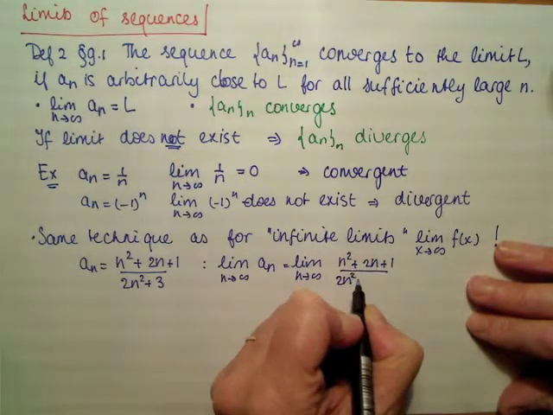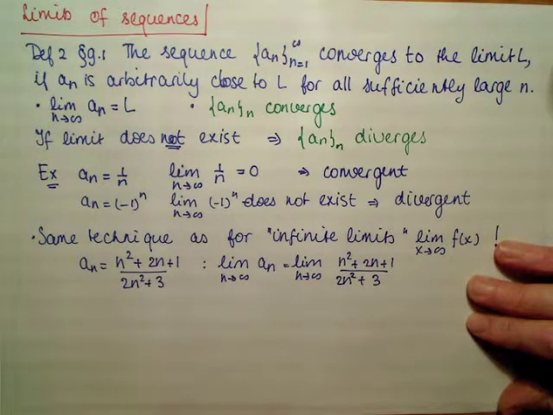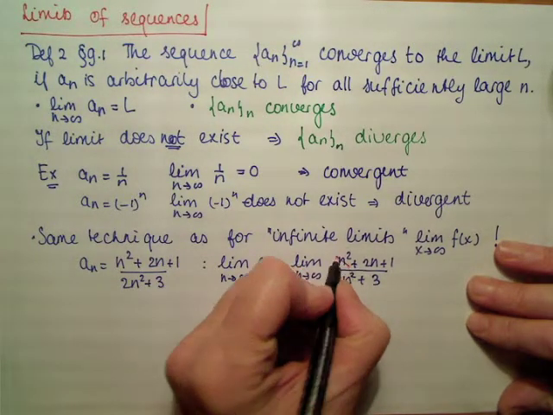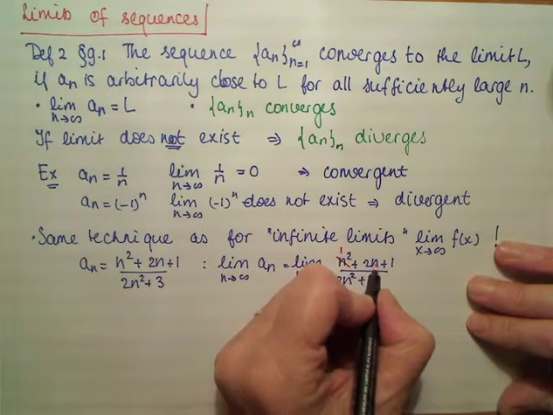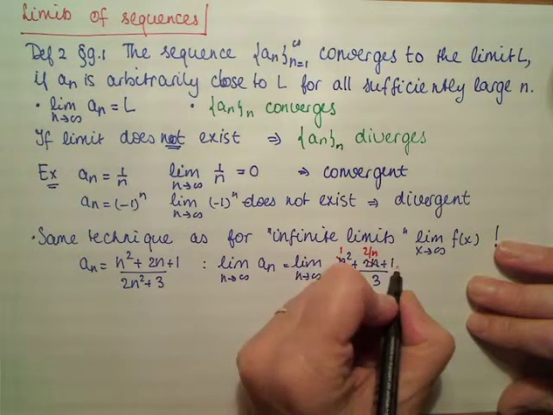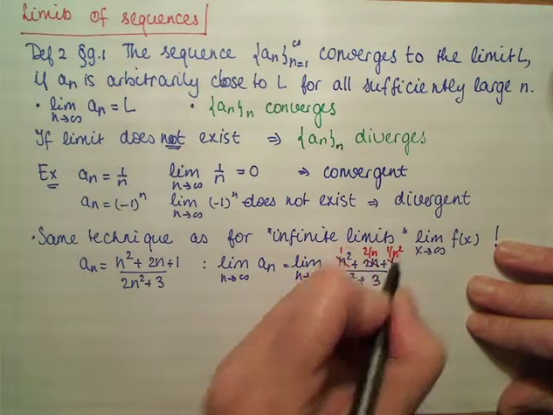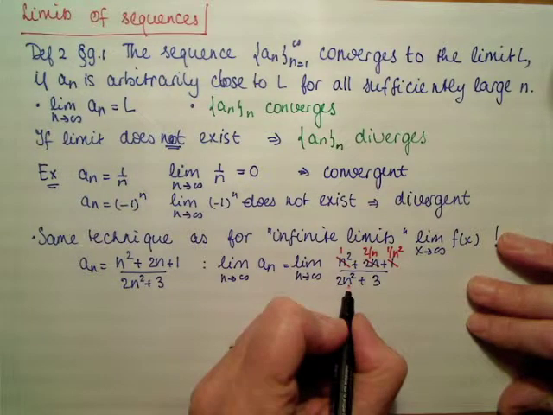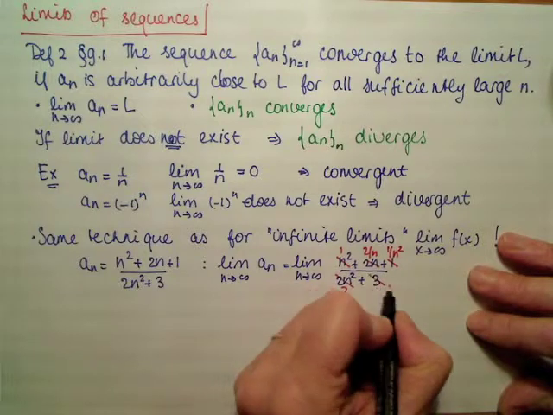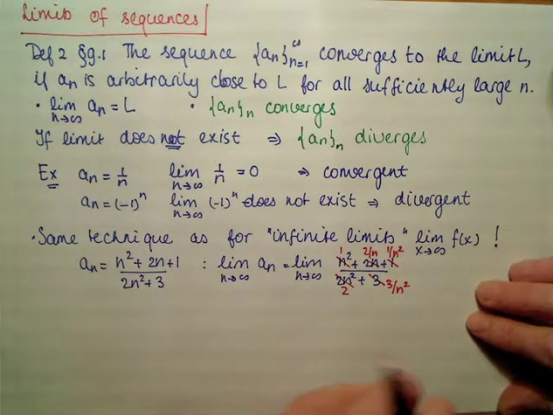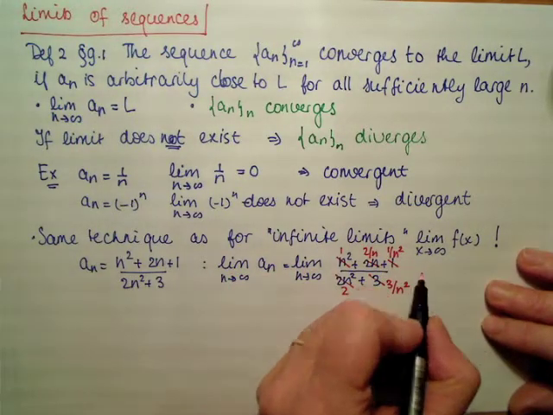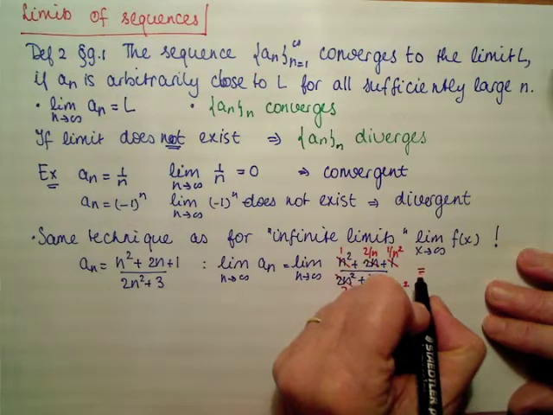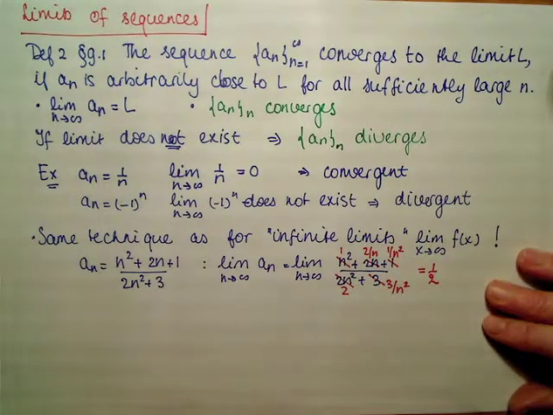In the numerator, n squared divided by n squared gives us 1, 2n divided by n squared gives us 2 over n, and 1 divided by n squared gives us 1 over n squared. 2n squared divided by n squared gives us 2, and 3 divided by n squared gives us 3 over n squared. And if we now send n to infinity, you see that all terms except for this 1 and this 2 disappear, and we get 1/2. So this is a convergent sequence.